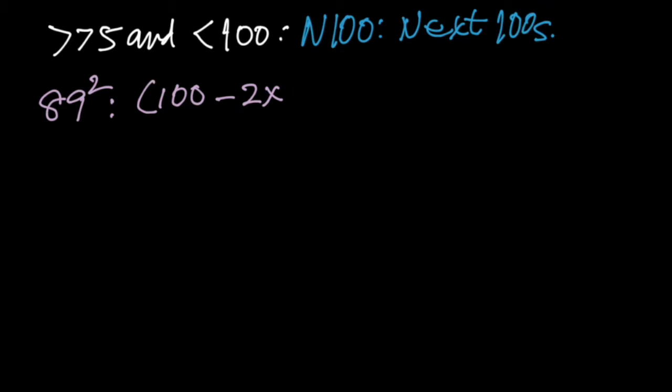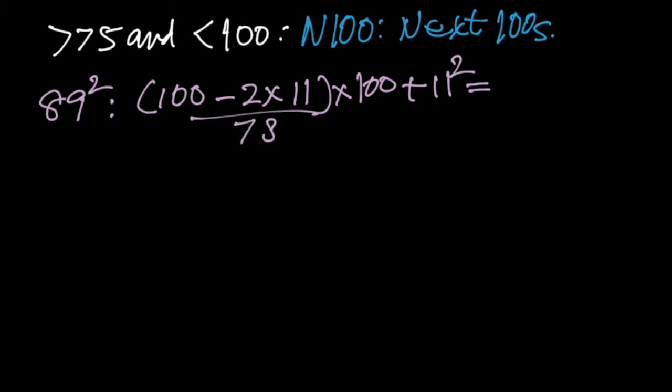So here it is 11. 100 minus 89 is 11. Then we multiply it with 100 and add the square of the difference. So here it is 100 minus 22, 78. So it becomes 7800 plus the square of 11, which is 121. So the answer is 7921.